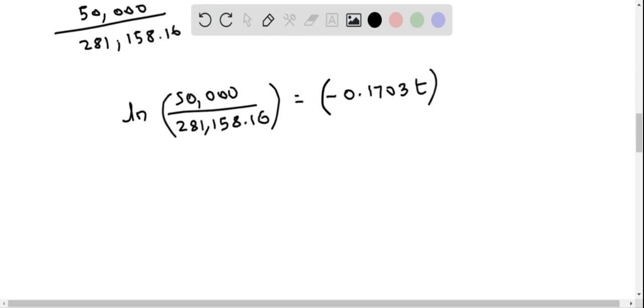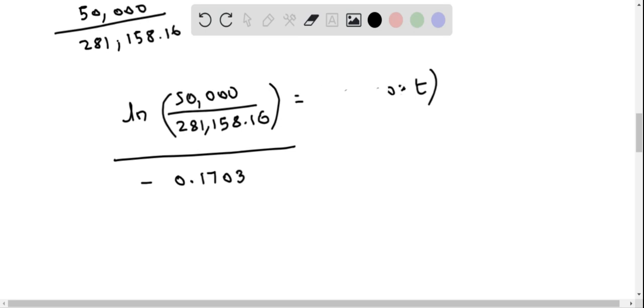Now we can determine the value of t. We just have to divide both sides by negative 0.1703. So I'm going to divide the left side by minus 0.1703. I'm sorry, this side we simply have t. So this is the value of t.